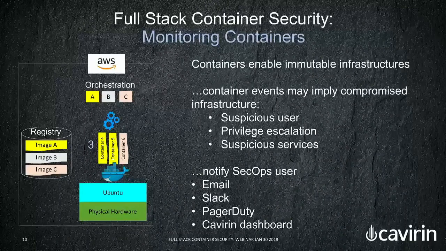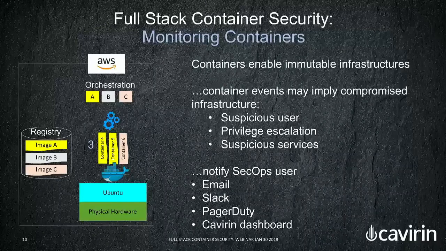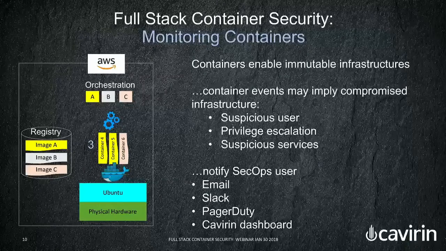Privilege escalation is again a common indicator of risk or compromise, if you will. So that's really an example where users are getting added to a privileged group like the sudo group or the Docker group on your container host. So again, we show examples where you can actually detect that. And then suspicious services. One of the common kinds of things that are going on in container environments is folks that are actually starting Bitcoin mining on your infrastructure.